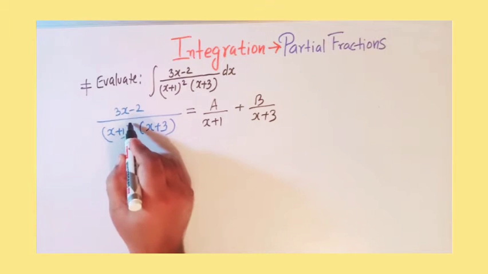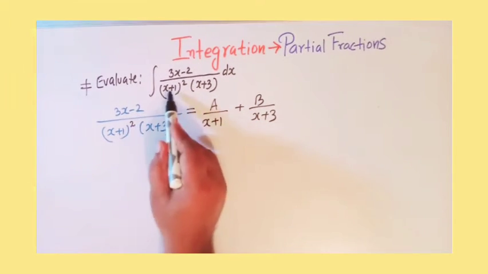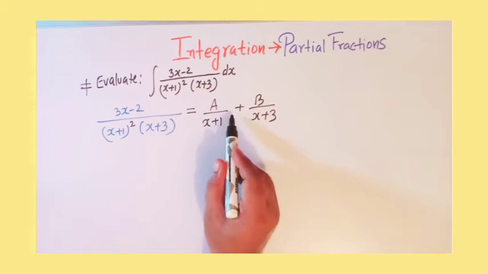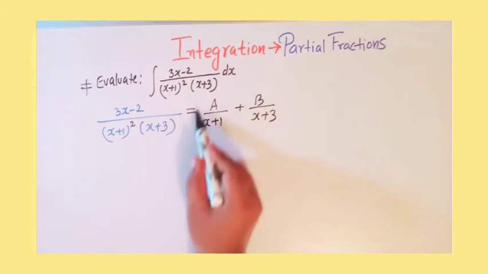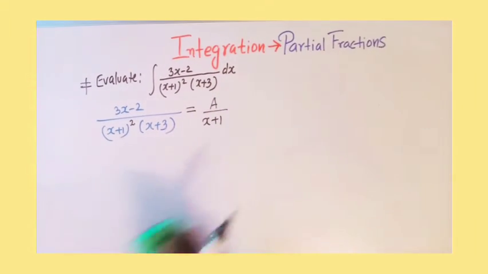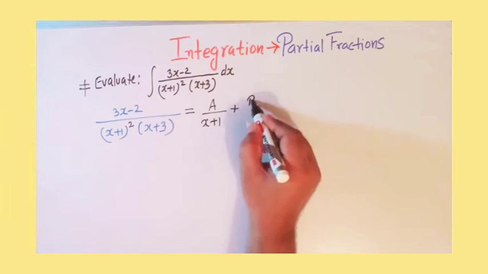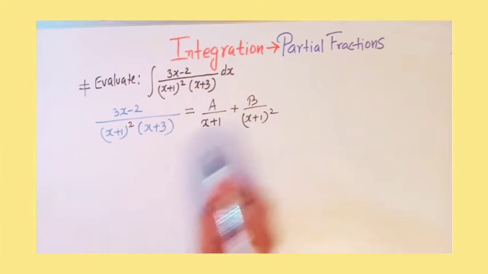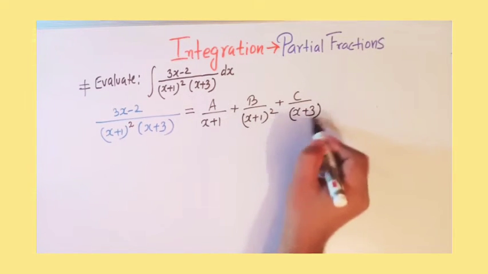But see, here we have x plus 1 square, so therefore there will be one more term in this partial fractions. So we'll have a over x plus 1, then we will have b over x plus 1 square, and then we will have c over x plus 3, right?